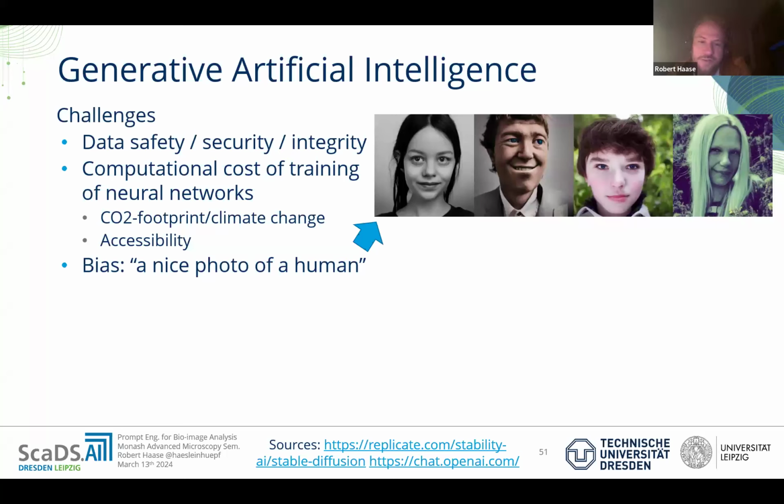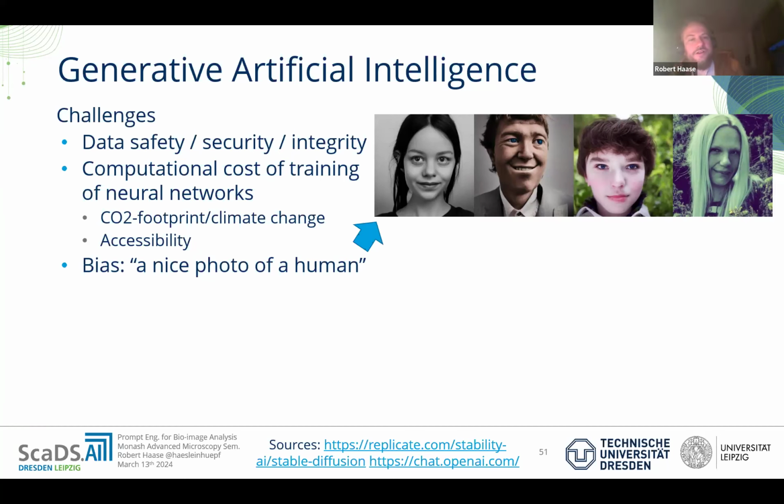Here I was using Stable Diffusion to produce nice photos of humans. I must admit, I was surprised that half of them were male and half of them were female. That was already a positive surprise, but they're all white. So maybe this is not a perfect representation of humanity. There's some bias in there.